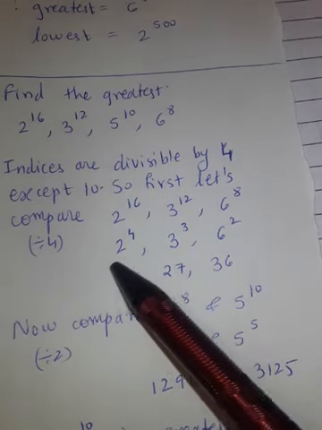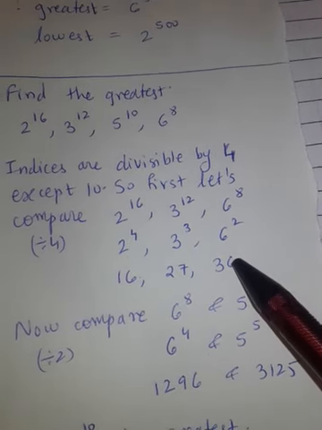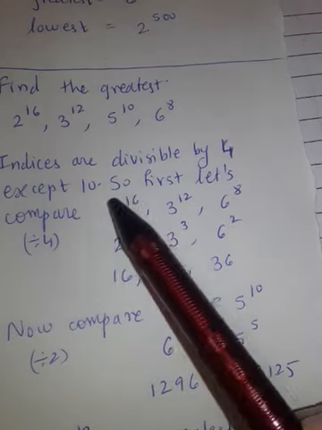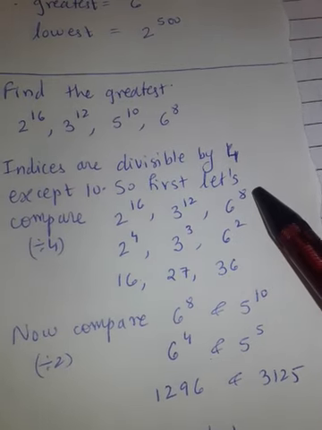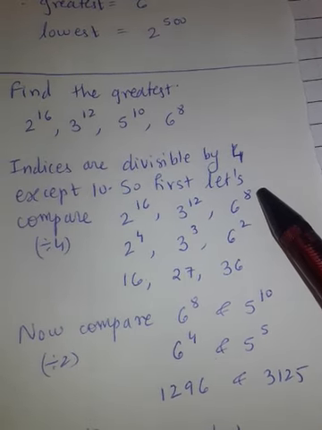Which one of them is the biggest? 36 is the biggest. That means among these three numbers, 6 raised to 8 is the biggest number.